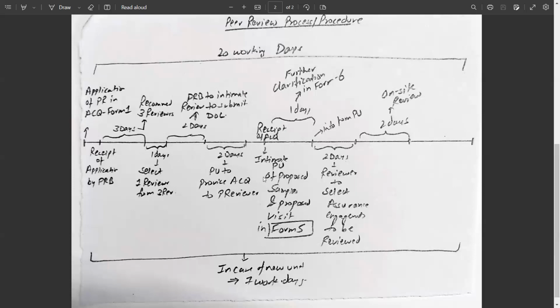Then on the receipt of ACQ, it is the responsibility of the peer reviewer to intimate the practicing unit of the proposed samples and proposed visit in Form 5.